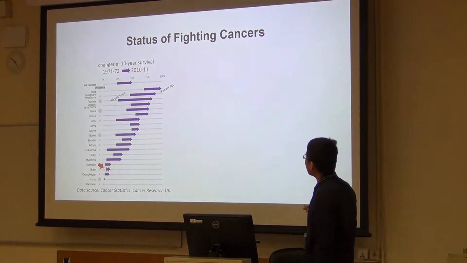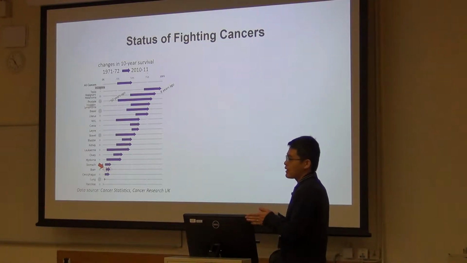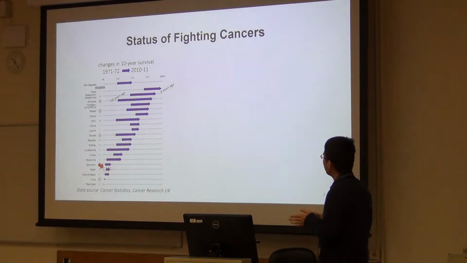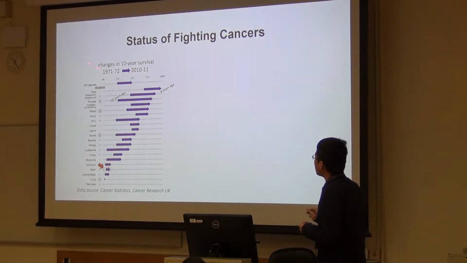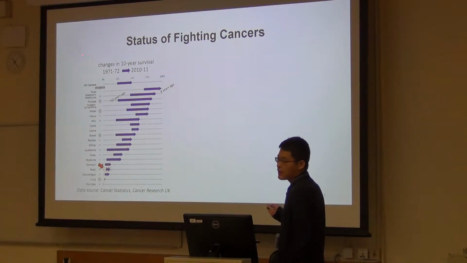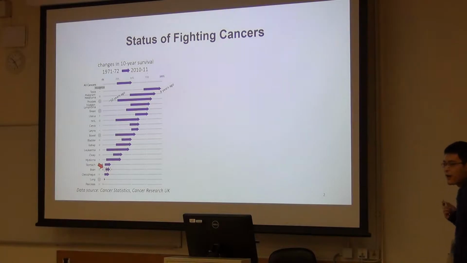The first line, named all cancer, means whatever cancer the patient is diagnosed with. We treat the patients to see how many will still survive after 10 years. Around the 1970s, statistics show that 25% will still live, meaning 75% will die within 10 years.